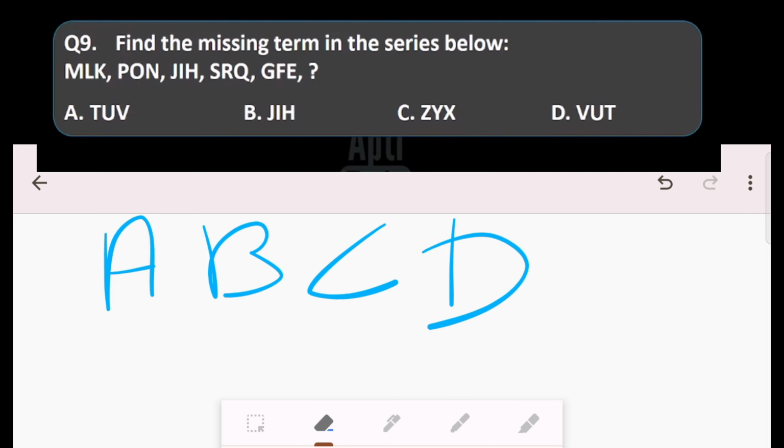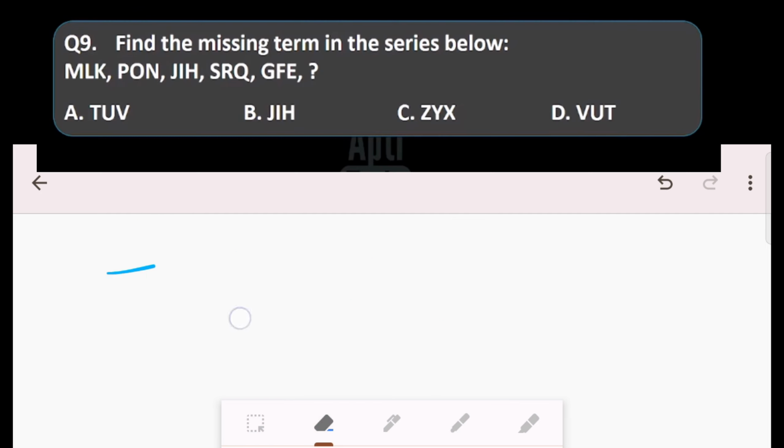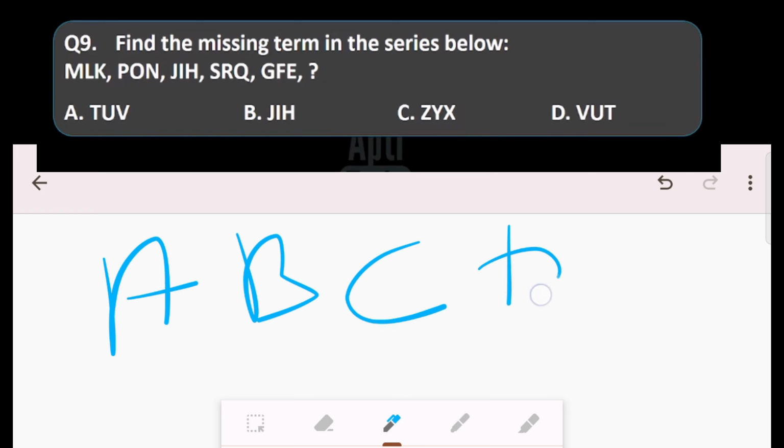TUV, right? So option A will be the answer, because we have TUV, which will come in the sequence. For such questions, always use pen and copy and write ABCD on it very fast, and then match it with the sequence.